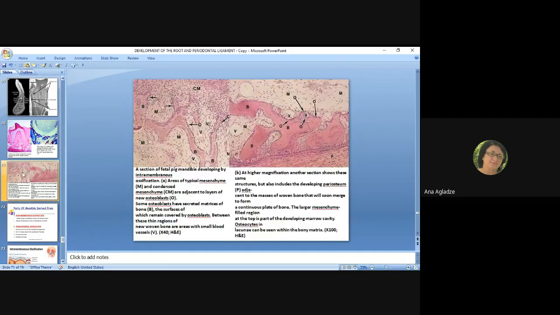Here you can see how this takes place. This is ectomesenchyme, and some condensation takes place. This is the fibrocellular condensation.